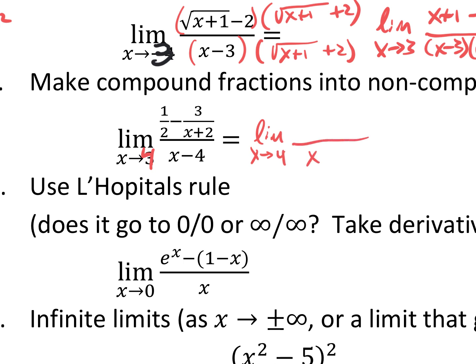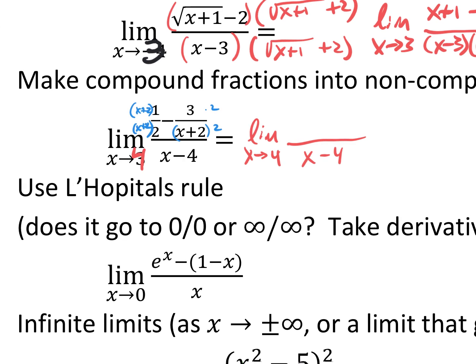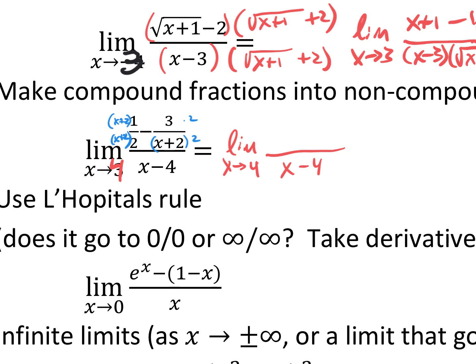And let's clean up the top. So we'd like a common denominator here. Common denominator is 2 times x plus 2. So we're going to multiply this by 2 on top and bottom. And we're going to multiply this by x plus 2 on top and bottom. See that? Okay. And now we got a common denominator of 2 times x plus 2.